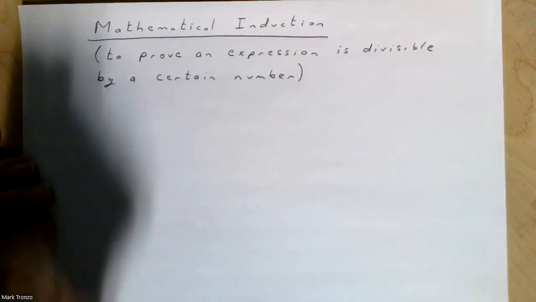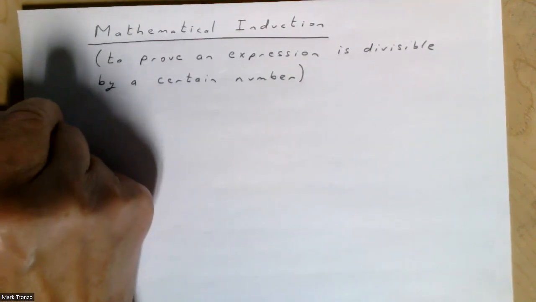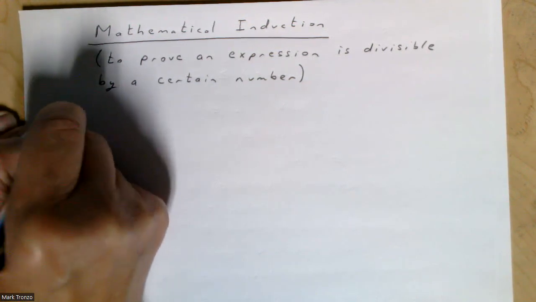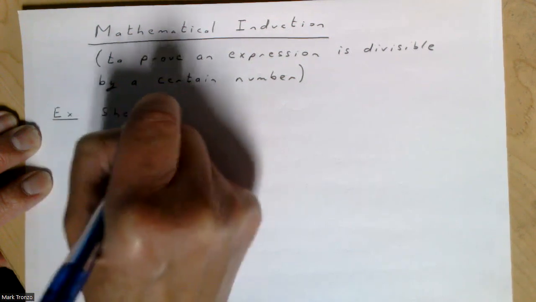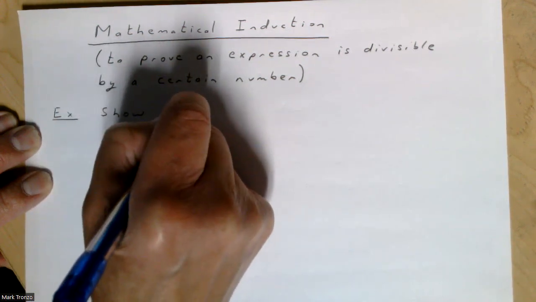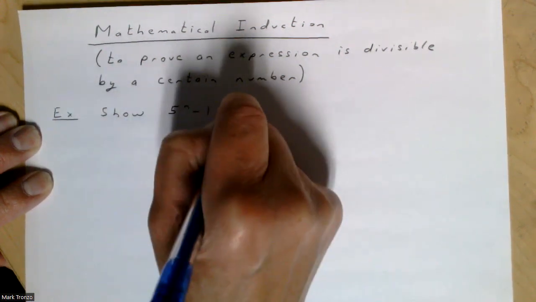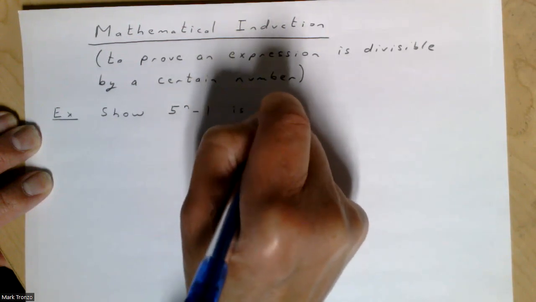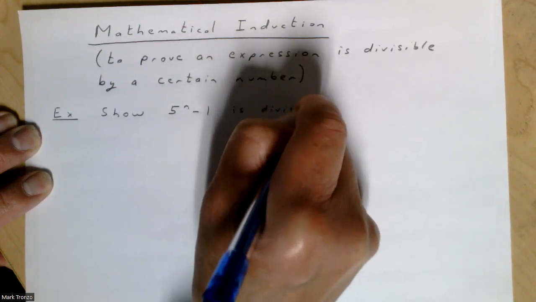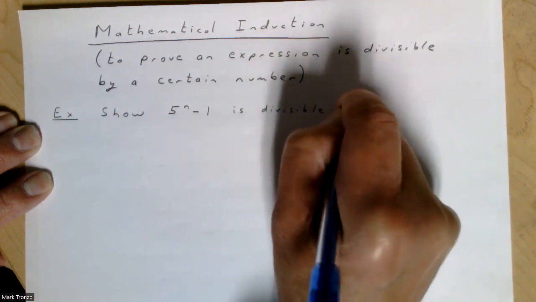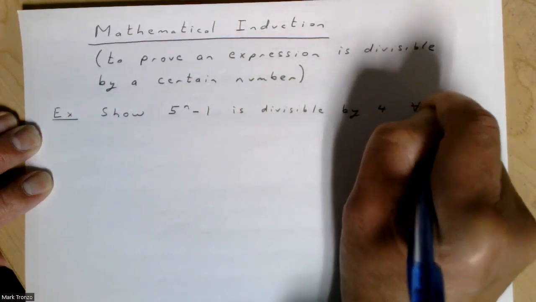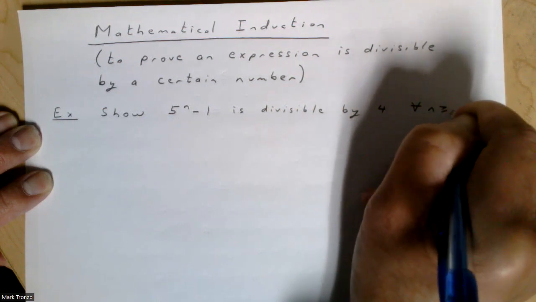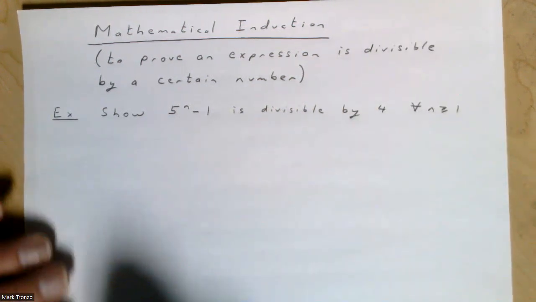Let me just jump right into it. Let's take a problem here. Let's say show 5n minus 1 is divisible by 4 for all n greater than or equal to 1.